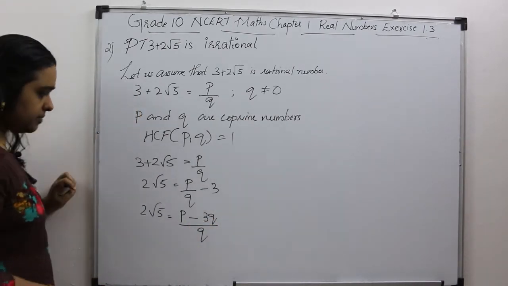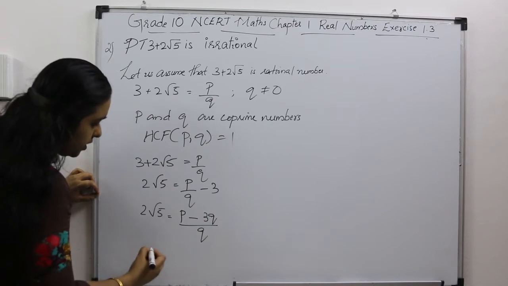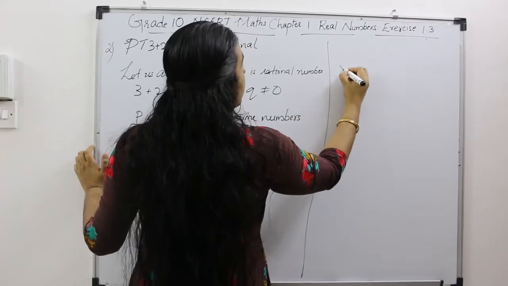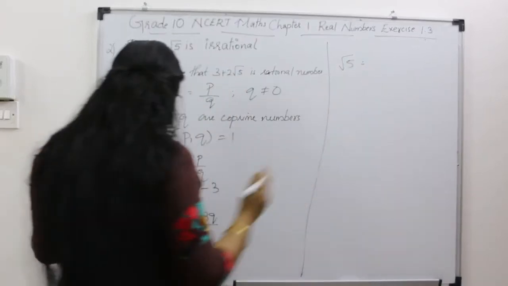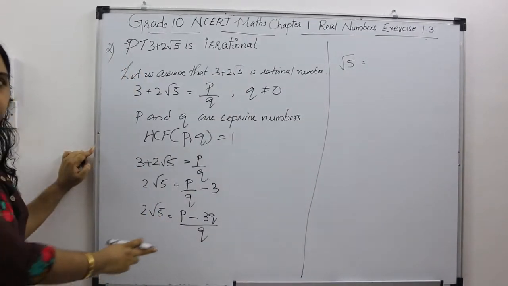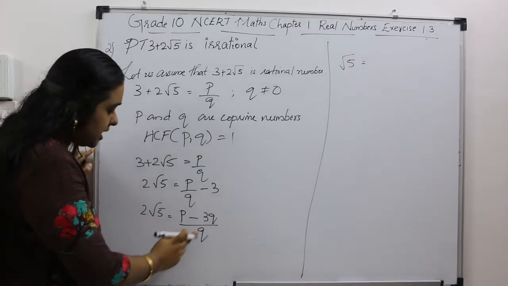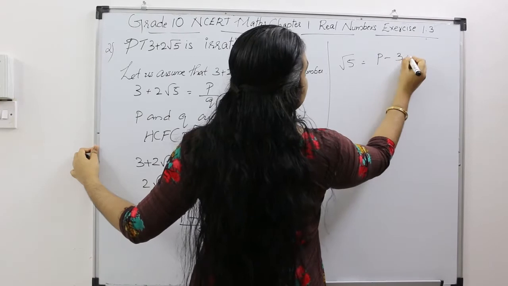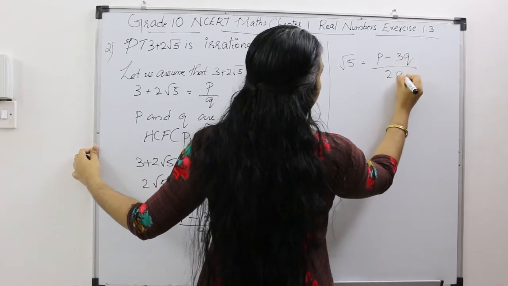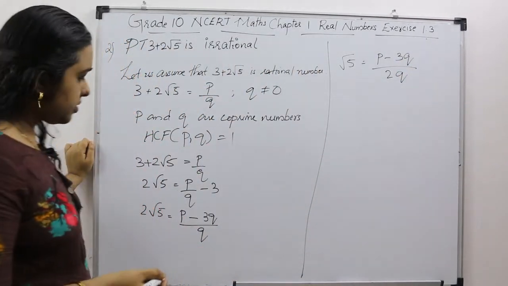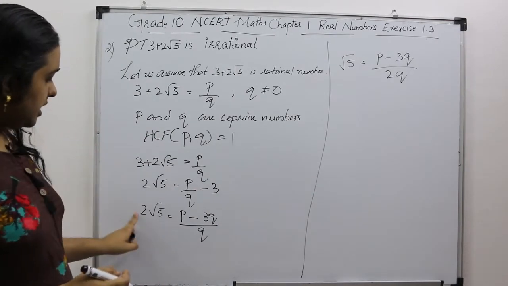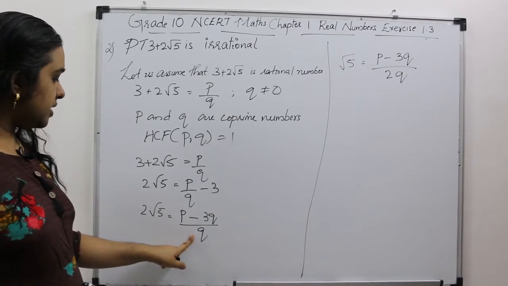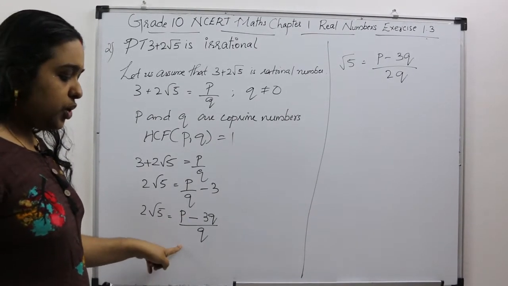So 2 root 5 equals p minus 3q by q, and root 5 equals p minus 3q by 2q. This 2 I have taken to the side, so it will come in the denominator: p minus 3q by 2q.